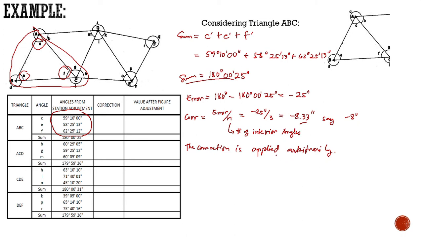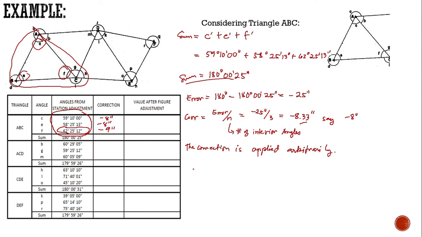You can simply consider the largest angle among the three angles in your triangle and apply the larger correction to that largest angle. In this case, since we have F as the largest angle in our triangle, we're going to apply the correction of 9 seconds, and for the rest, 8 seconds.